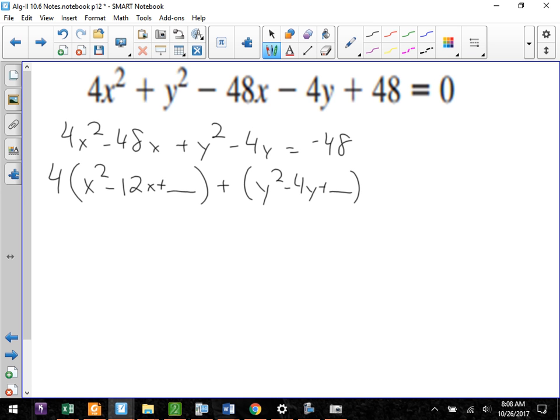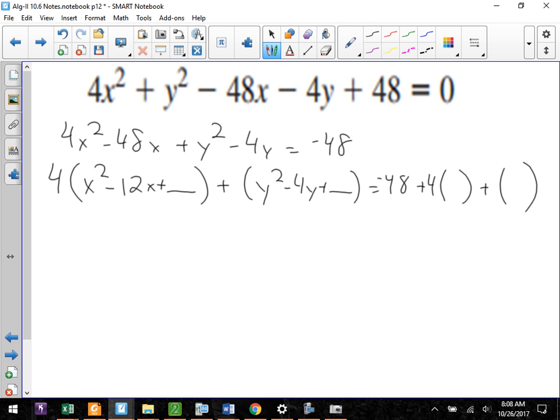On the right-hand side, we have already a negative 48, but I have to put in a plus 4 times something and a plus something, because that's what I took out. I have to put it back. Whatever you take out when you factor out, you have to put back in the portion of it, because remember what's happening.